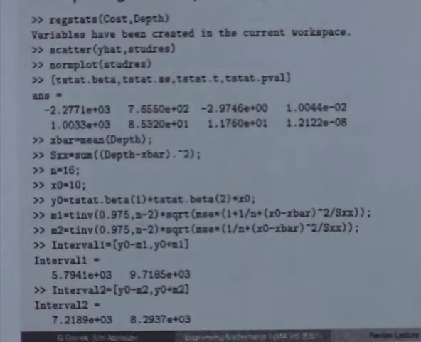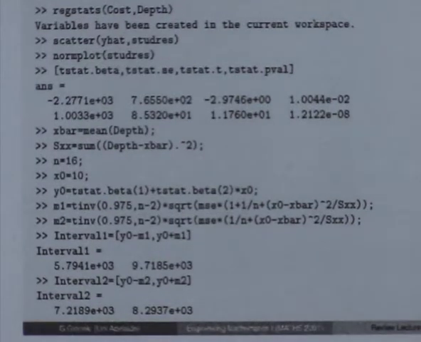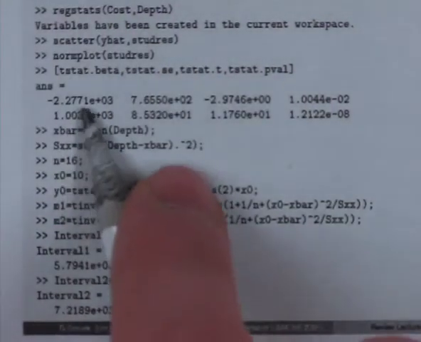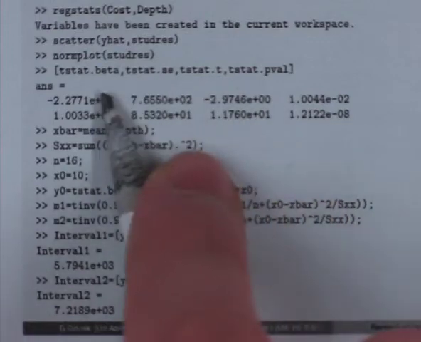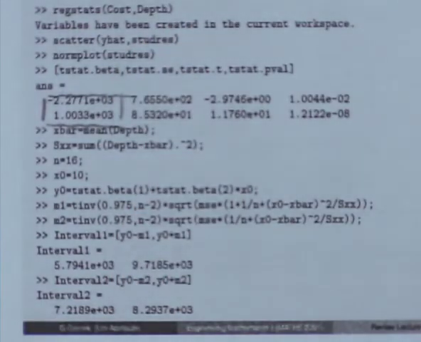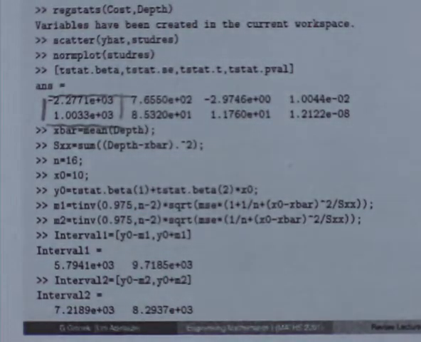Who knows? Where's the beta? Does anyone know? The first two of the answer. Which answer? The T-stat beta. Those two or those two? The first two. Those two there? And which one is which? The first one's beta 0 and the second one's beta 1? Yay, okay. That's what you need to know.